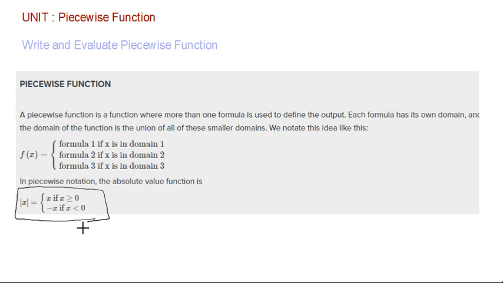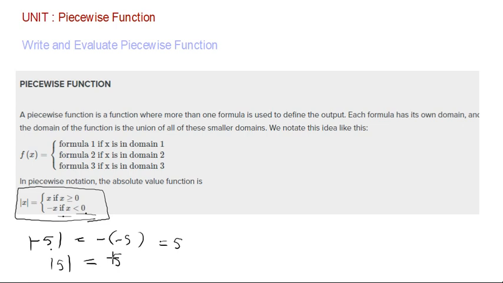If I said absolute value of minus 5, for example, you can find it in the other formula, minus x, since minus 5 is less than 0. So it's 5. For the absolute value of 5, it is in the first formula, and it's the same 5. So this is an example of a piecewise function.